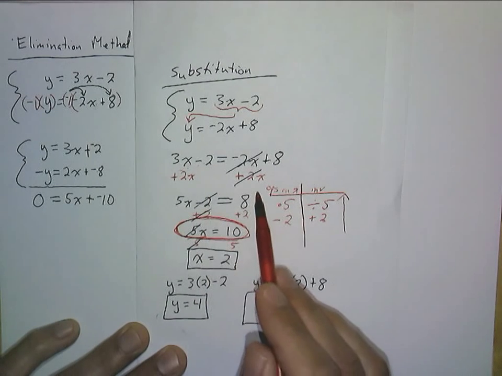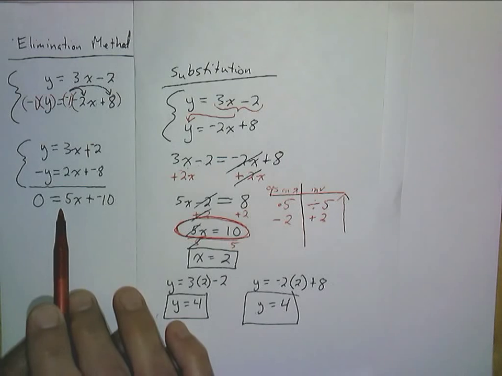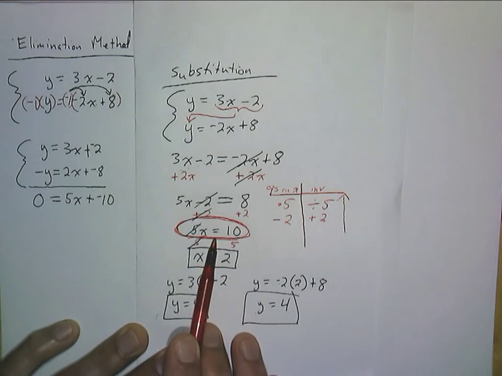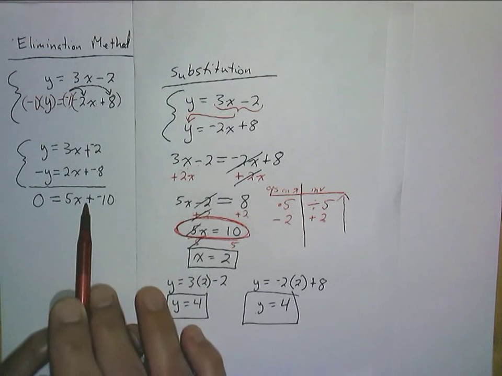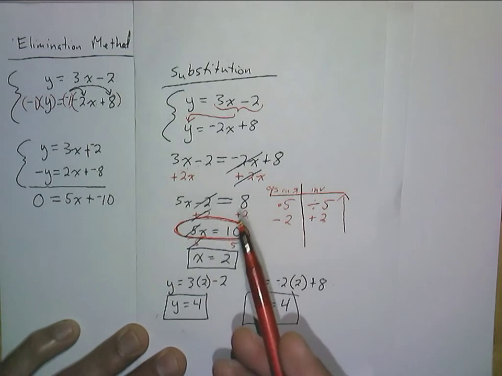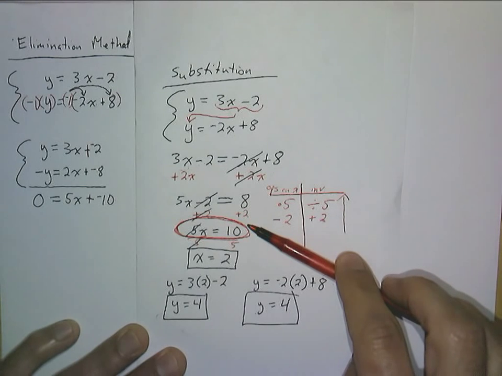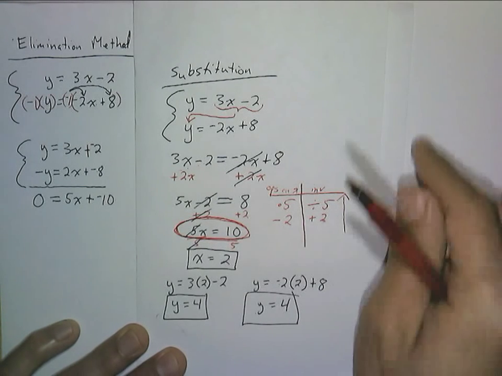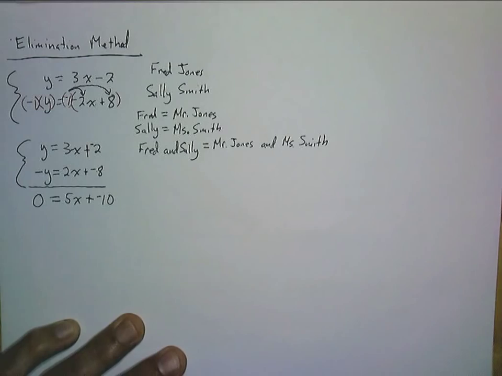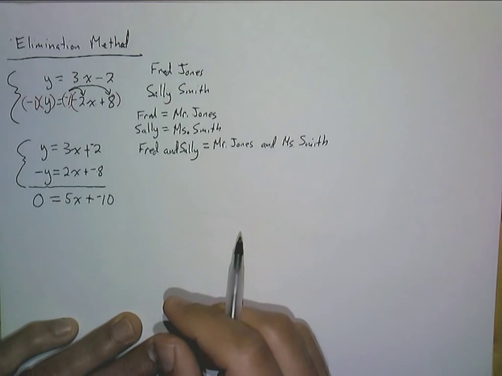Then we combined the constants over here to give us 10. And if you look at it, this equation right here is the exact same thing as this equation right here. All we need to do is subtract 10 from both sides, and we've got it. So really the elimination method is a shortcut for the substitution method and combining the like terms. That's all it is. But people tend to like shortcuts, so that's that.